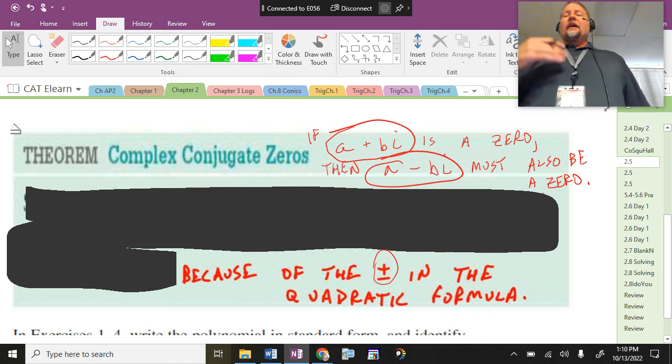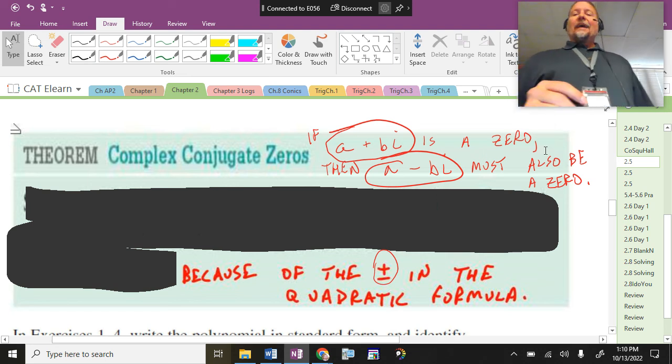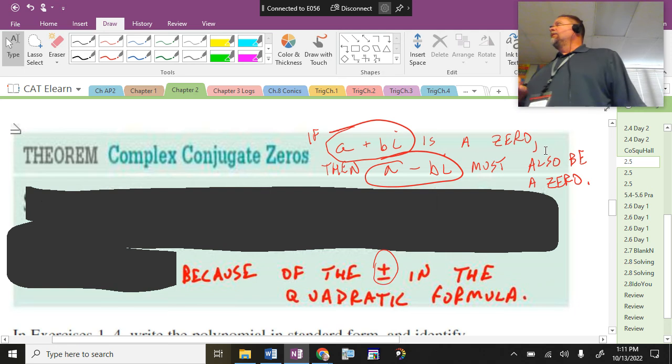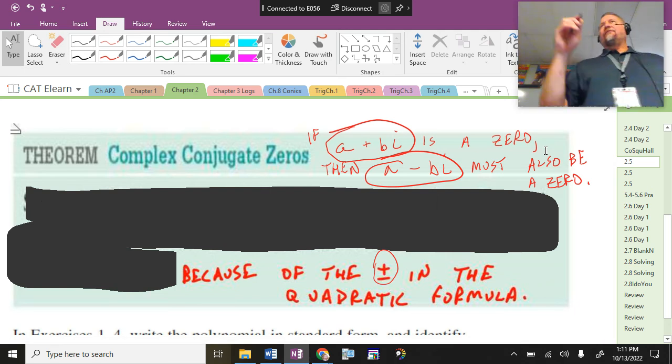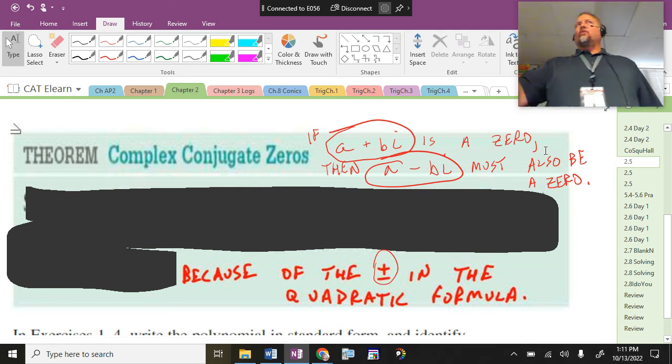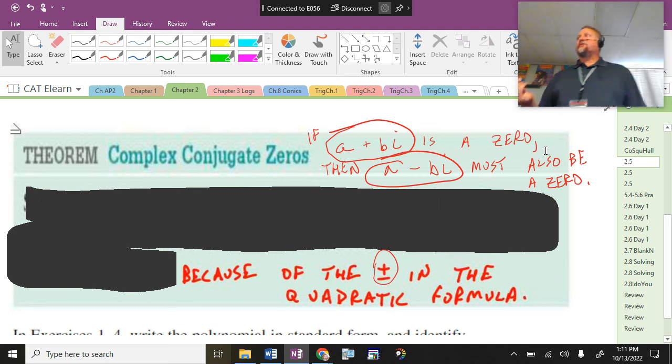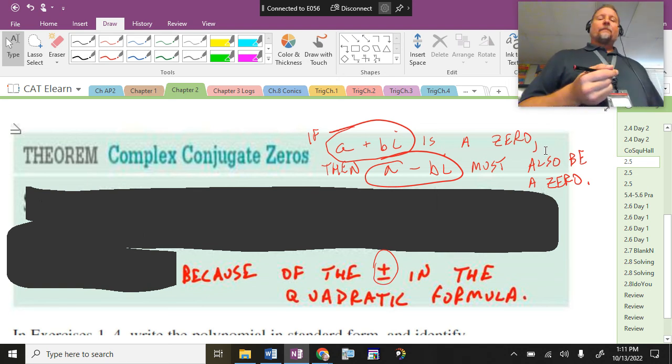If an I number is a 0, and I wrote it in typical I number format, a plus bi, is a 0, then a minus bi must also be a 0. I should add, if the polynomial has real coefficients, which all of our polynomials will have real coefficients. I'm not going to give you a polynomial with imaginary coefficients.